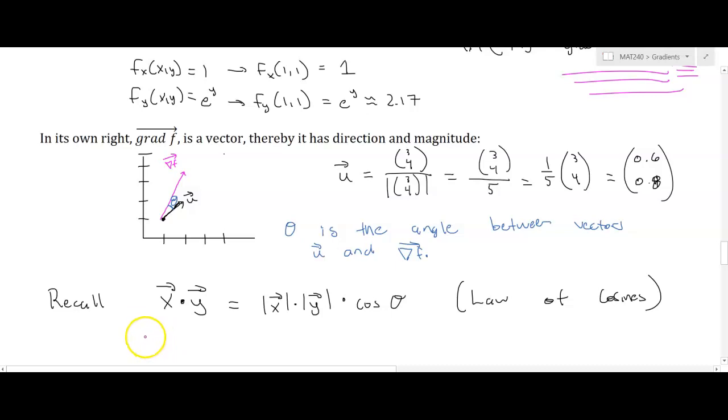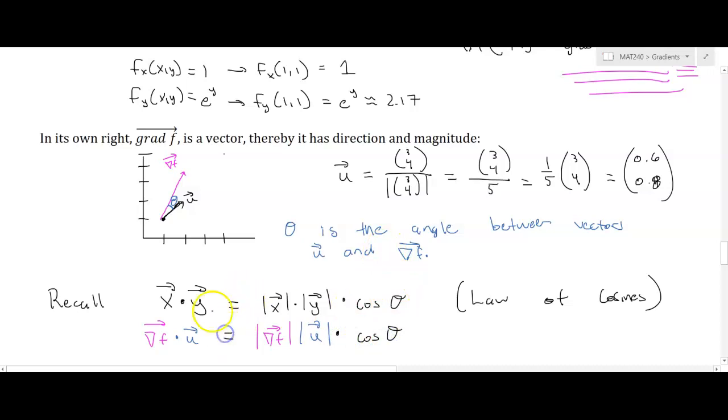So grad f is like our vector x, and so this right here would be the magnitude of grad f. Y is like our u vector, and that's the magnitude of the u vector, multiplied by the cosine of theta.